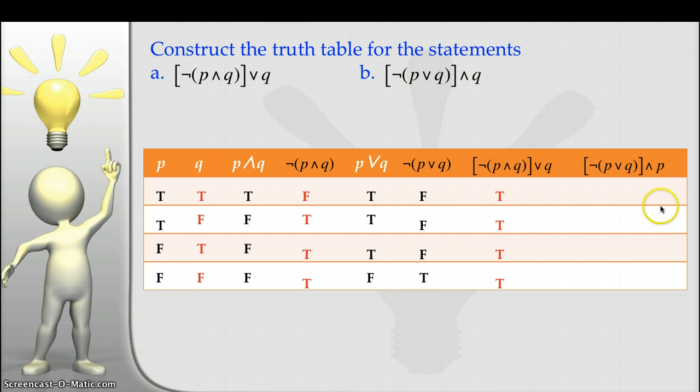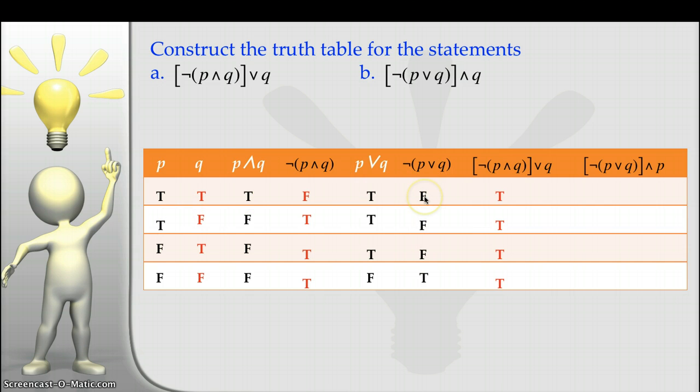Now the last column, this symbol of the negation of P or Q. We already have the values here for this one. This is this column, and we are comparing it to P, which is the first column.